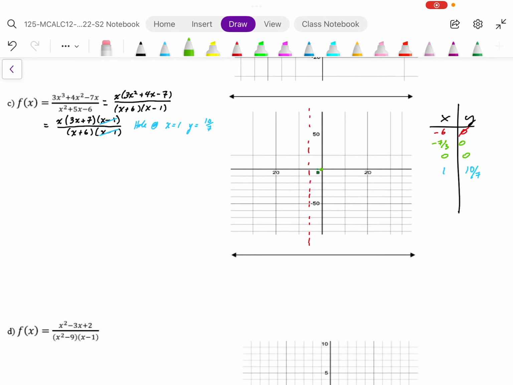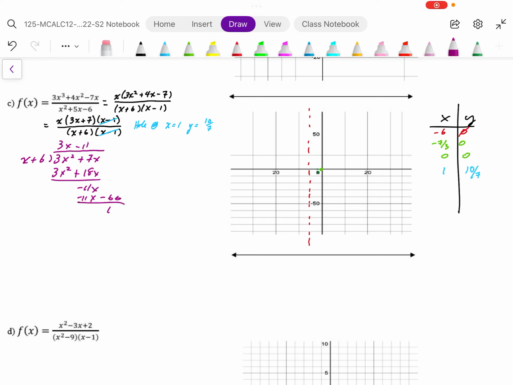I want to get my slant asymptote, so I'm going to do my long division here. Doing my long division, I'm going to divide the x plus 6 into 3x squared plus 7x. So I multiply by 3x. Then -11.